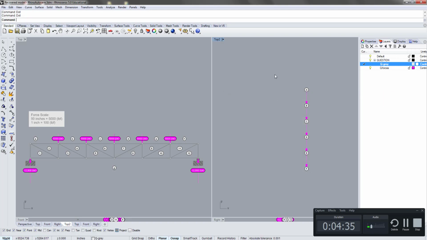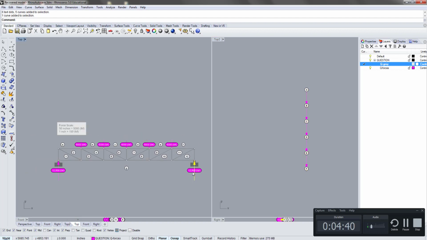Right, so we've mapped all of the vertical forces, and now we want to look at the reactions.